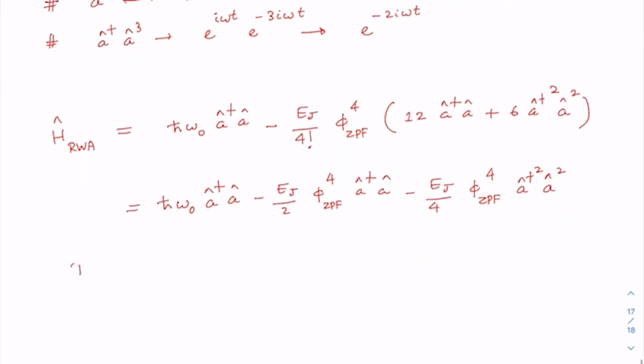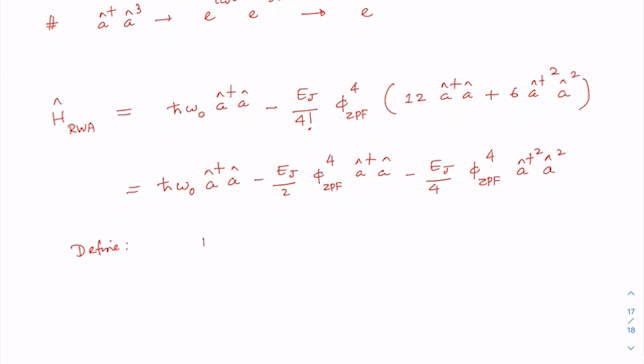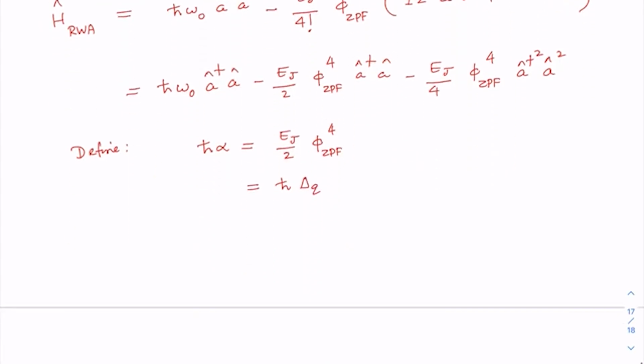Now if we define certain quantities, we can write the transmon Hamiltonian in a very simplified form. If we define, say, h cross alpha is equal to Ez by 2 phi ZPF to the power 4, which I can also equate to a term h cross delta q, its significance would be clear to you soon.